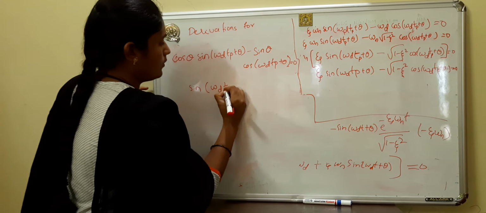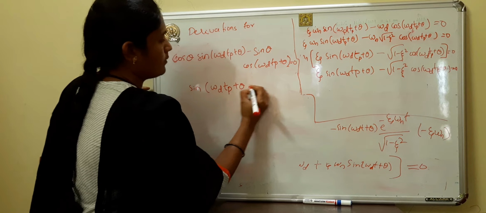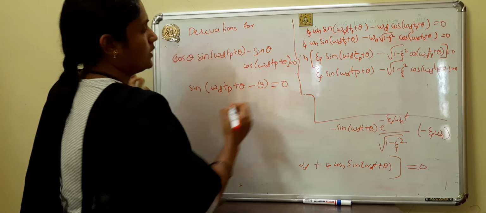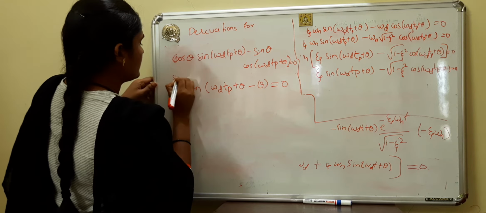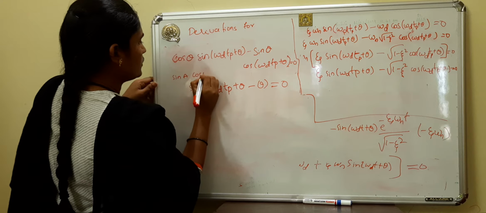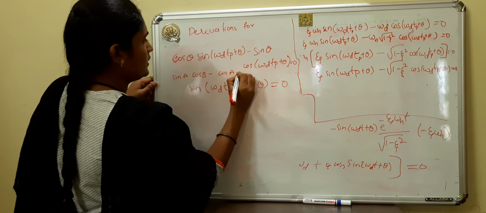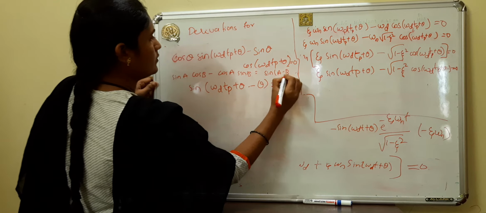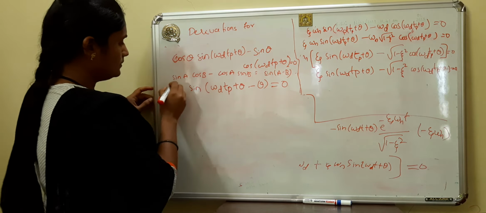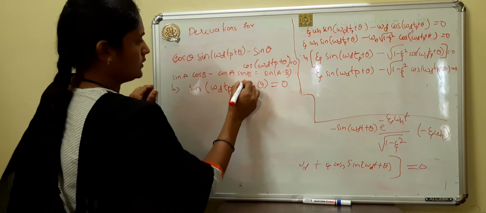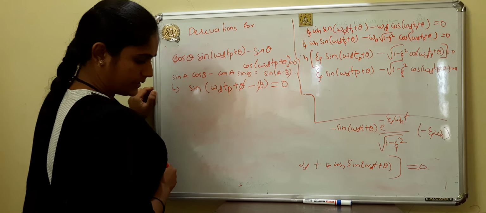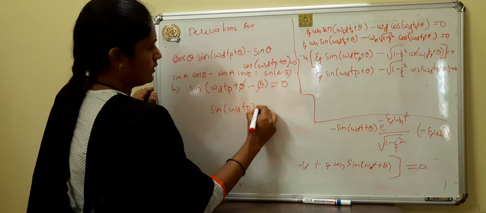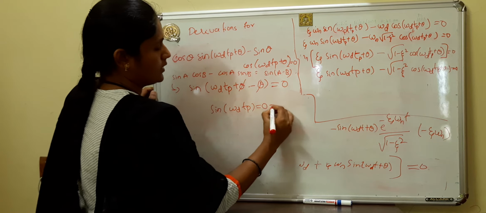A is omega d tp plus theta, and we are using sin a cos b minus cos a sin b, that is equal to sin of a minus b. This theta and this theta will get cancelled. So sin omega d tp is equal to 0.